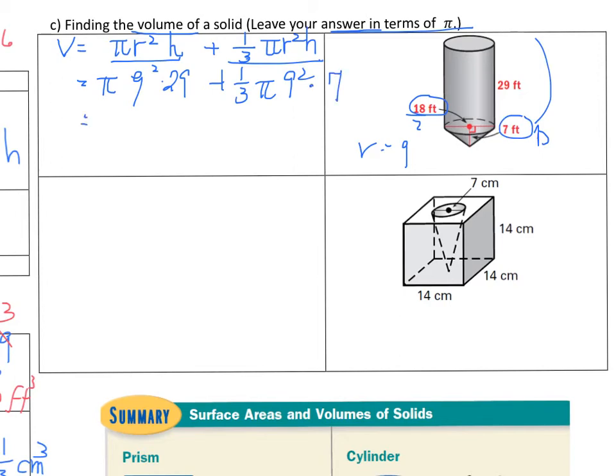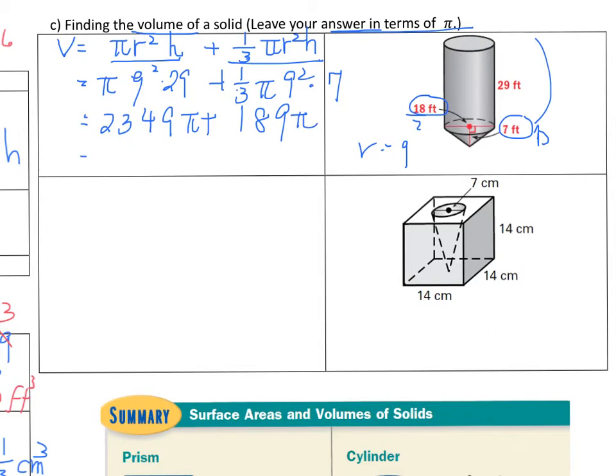And we do the math. You should get 2,349 pi. And you cancel one out. Okay, you should get 189 pi.